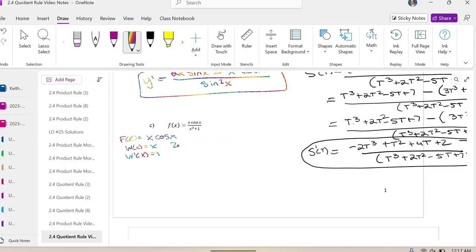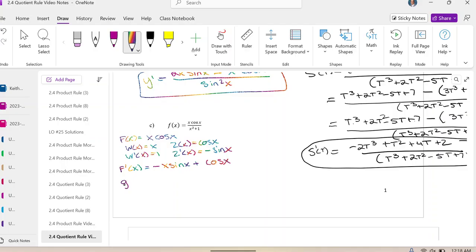And then z of x equals cosine x, so z prime equals negative sine x. When you do the product rule to get the derivative of the top, you get negative x sine x plus cosine x.